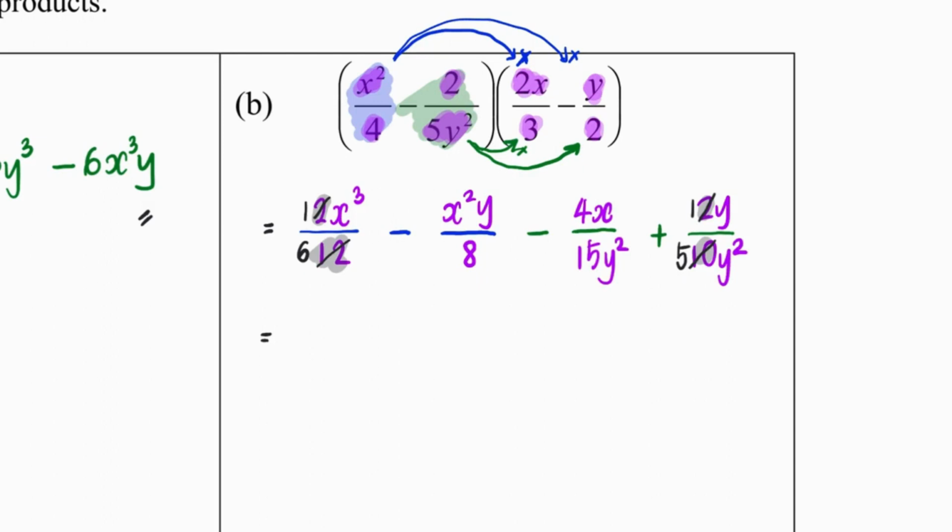First of all, I'm going to draw a long line because I'm going to make them into a single fraction. I will need a common denominator. Looking at the numbers 6, 8, 15, and 5, the LCM of 6, 8, 15, 5 would be 120.